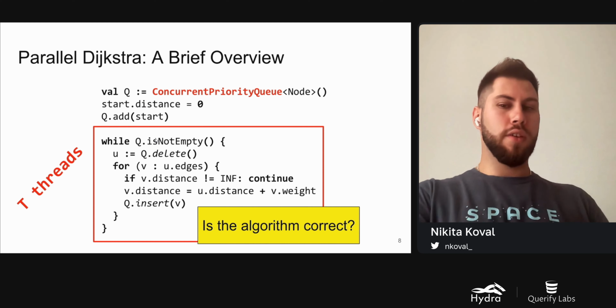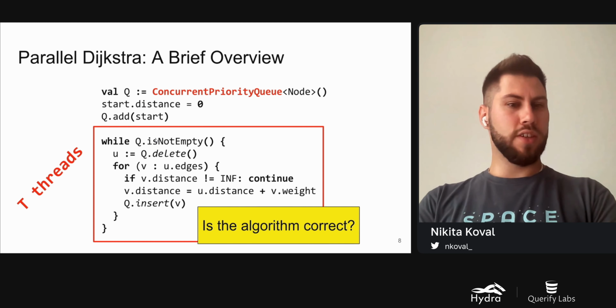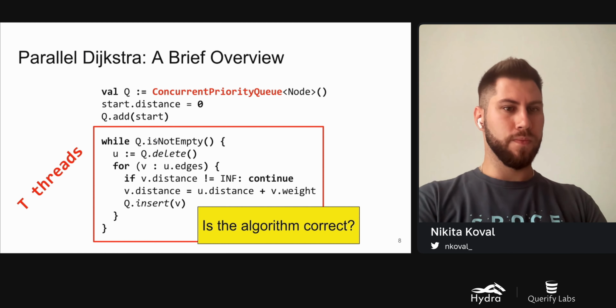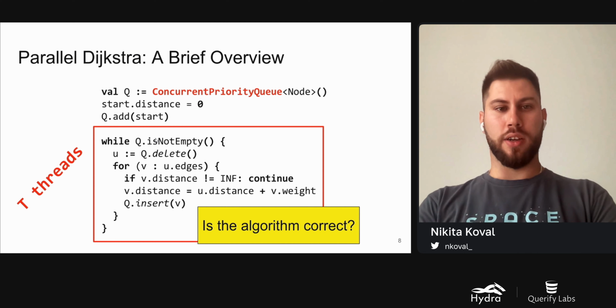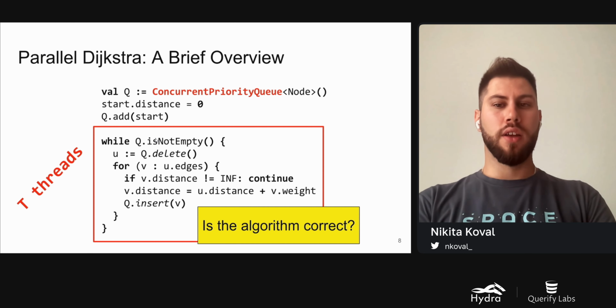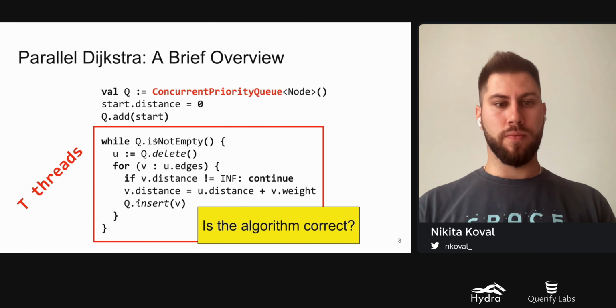So this algorithm, is it correct? Let's take a look. We simply replaced the priority queue with the concurrent priority queue and ran the loop in parallel in 3 threads.